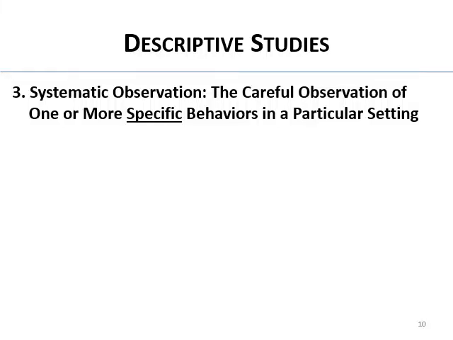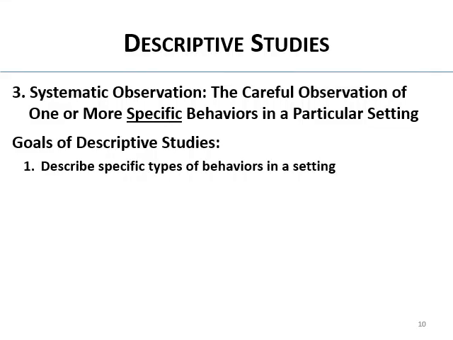So the third type of descriptive study is systematic observation. This is kind of the craziest one. This is when you carefully observe one or more specific behaviors in a particular setting. So the goals of these studies are to describe specific types of behaviors in a setting.